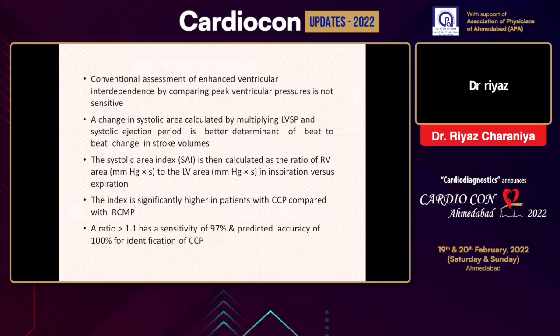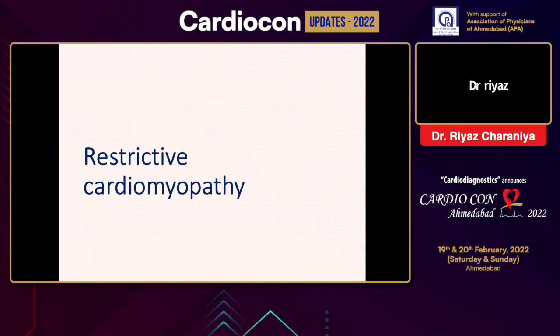A ratio of more than 1.1 has a sensitivity of 97% and a specificity of almost 100% to identify constrictive pericarditis. So it's very important, while doing cardiac catheterization, to measure simultaneous pressure gradients of LV and RV with inspiratory and expiratory recordings, and calculate the area and measure the systolic area index.